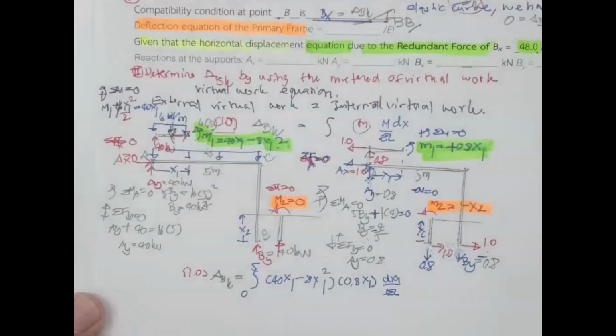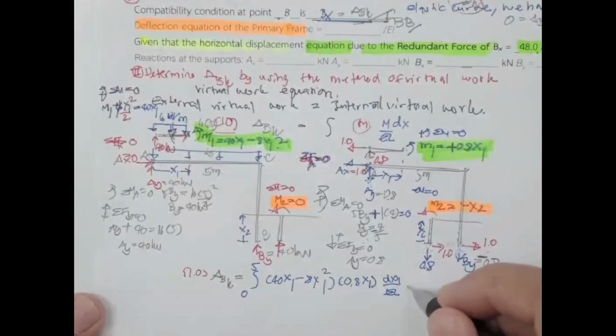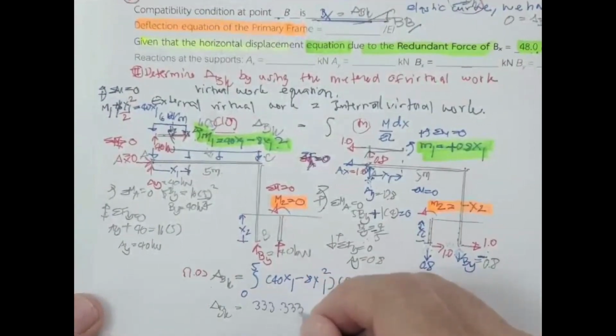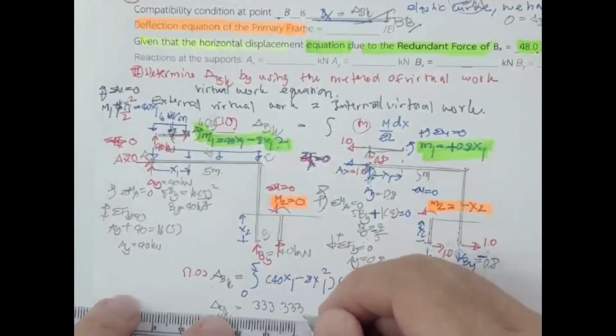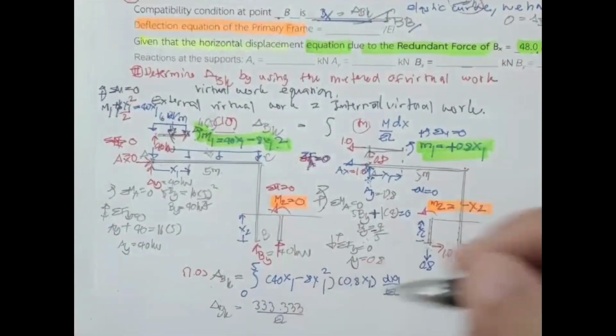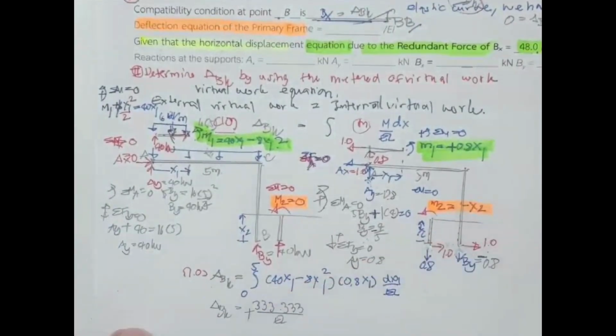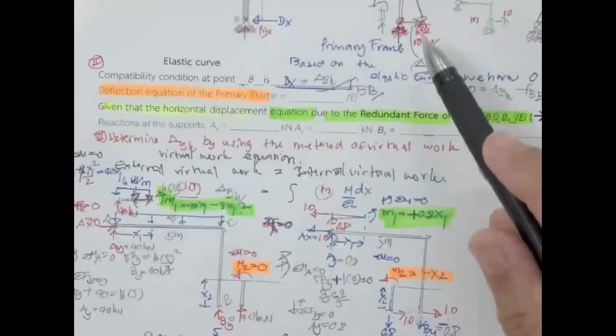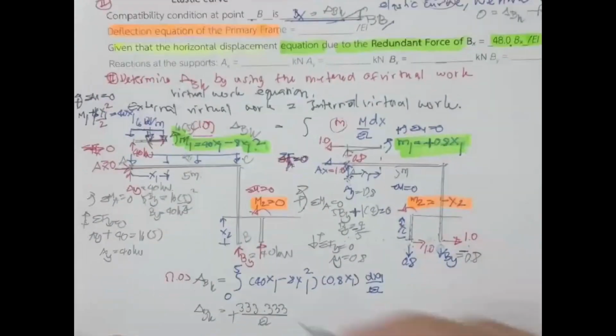And then I get this one to be delta sub BH equal to 333.333 over EI. And it's positive. Okay, that means it is in the same direction as the 1.0 unit load, put in this direction.